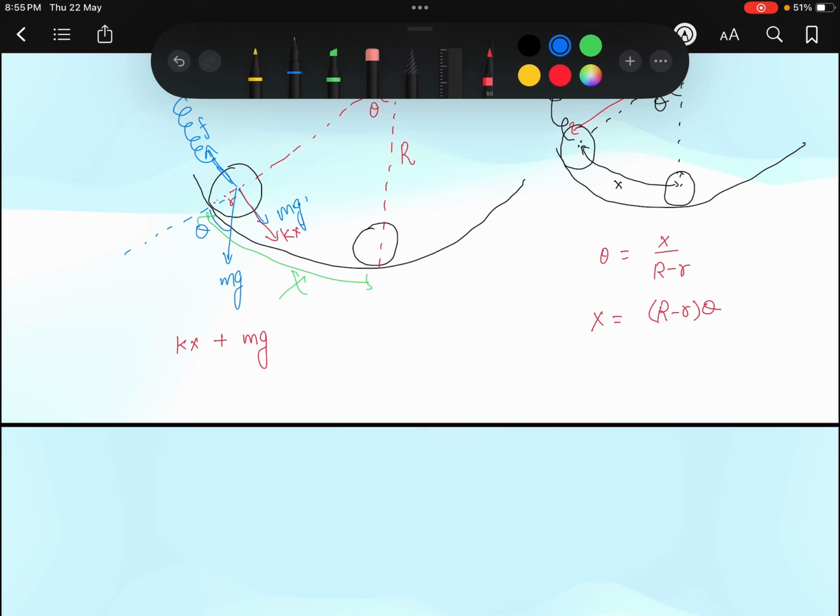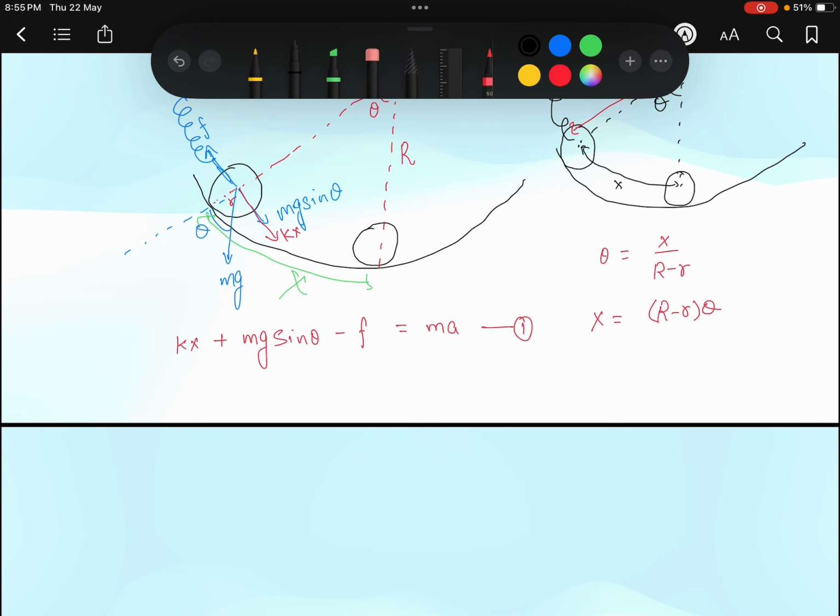So this is mg sin theta minus this frictional force, that is equal to mass into acceleration. So this is one linear equation we have written here. We have to replace this frictional force here.